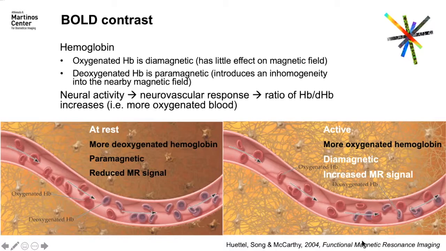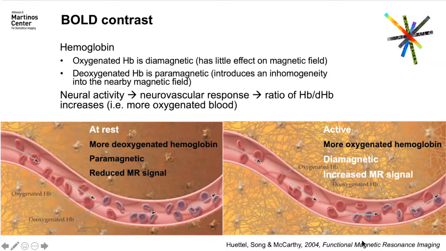Oxygenated hemoglobin is diamagnetic. It means that it has relatively little effect on the magnetic field, and deoxygenated hemoglobin is paramagnetic. It means that it introduces a local inhomogeneity in the magnetic field nearby it.